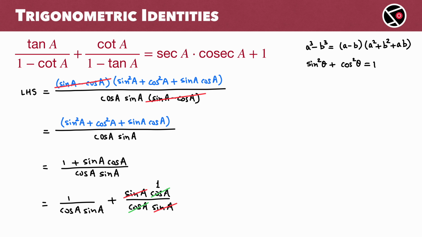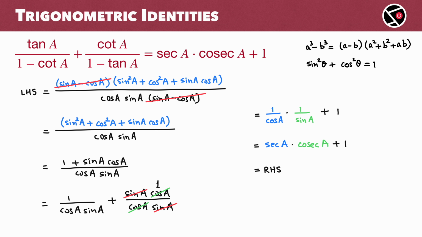Our expression simplifies to 1 by cos A, 1 by sine A plus 1. Now 1 by cos is sec A and 1 by sine A is cosec A. So we have sec A cosec A plus 1, which is exactly the right hand side. And that's our first proof.